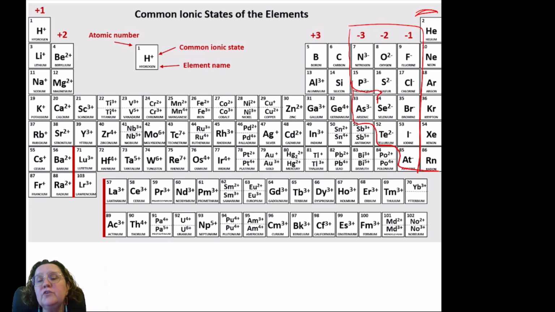The group of oxygen, sulfur, selenium, tellurium become negatively charged, but with 2 negative charges. Then you've got nitrogen, phosphorus and arsenic, which don't particularly like becoming charged, and we will look at that later. But when they become negatively charged, they gain 3 negative charges, so nitrogen gains 3 electrons, and phosphorus gains 3 electrons.